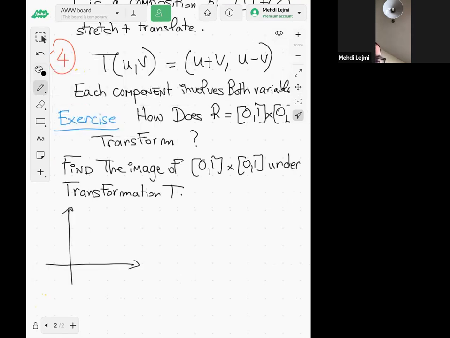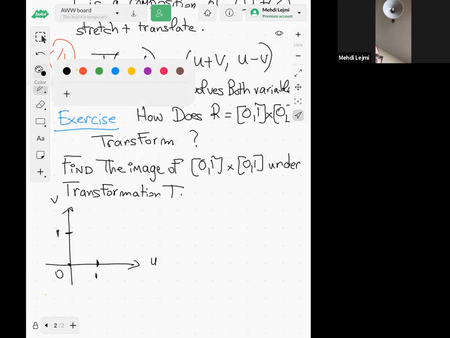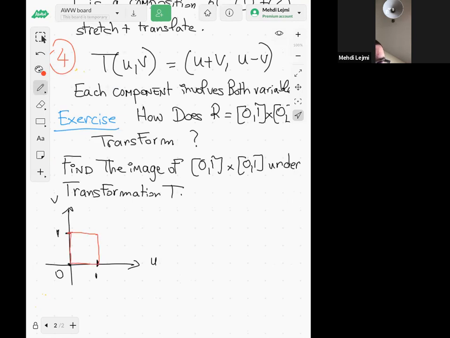This is U, this is V. This is 1, this is 1, this is 0. So this is my square R, where R is [0,1] cross [0,1].